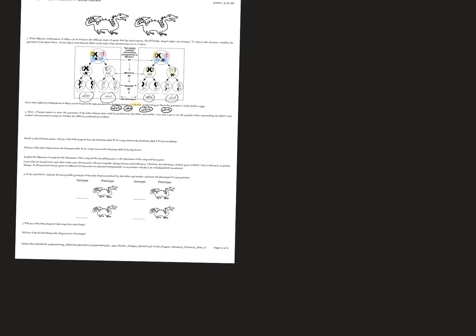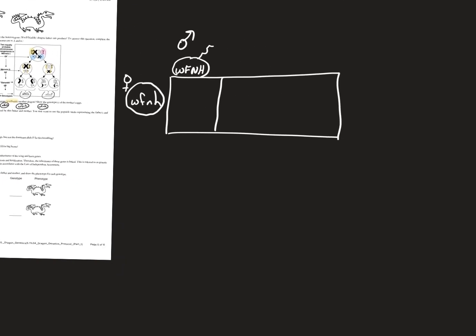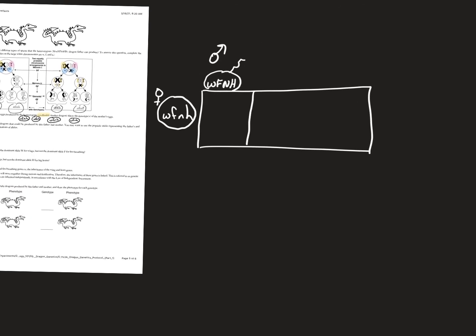It might look a little weird to you, but mom can give little w, little f, little n, little h. We've already identified the different types of gametes that dad can make. So the mother can only make this one type of egg. The father can make these 4 types of sperm. He can make big W, big F, big N, big H. Or he could make the other one, and here it is, little w, little f, little n, little h.